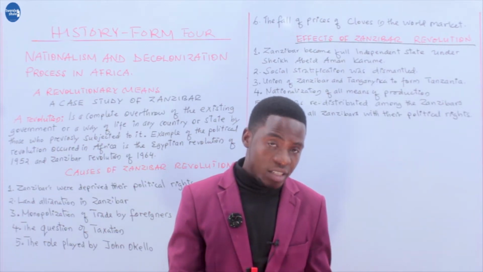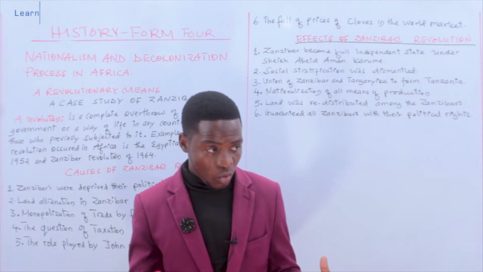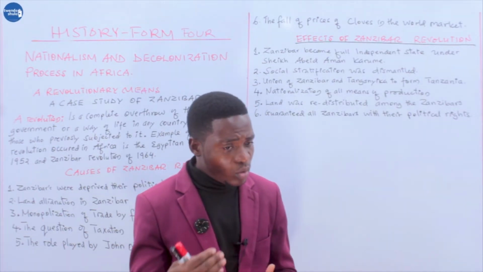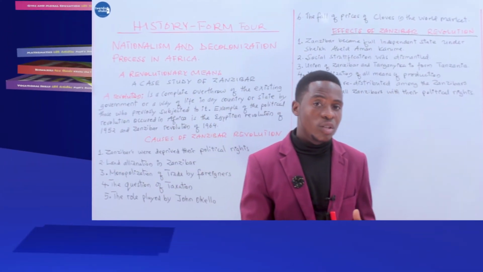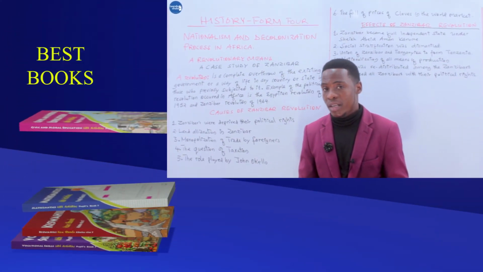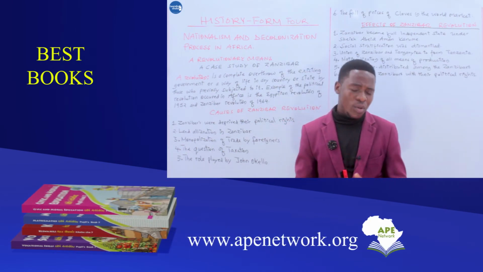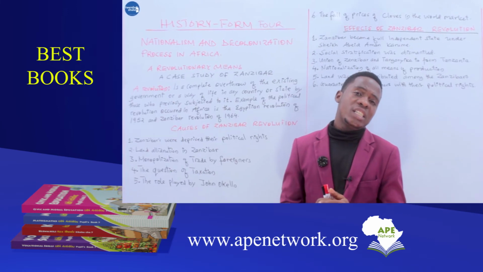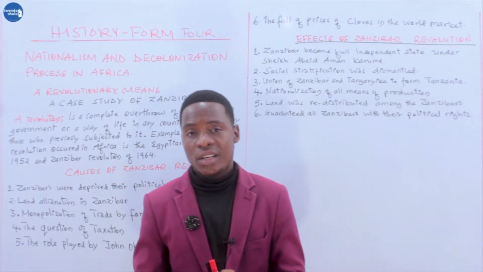Even the natives who were Zanzibari by origin were slaves to those Arabs. For too long, Zanzibar was under the domination of the Sultanate of Oman, and the people of Zanzibar were just slaves. This created hostility between these two peoples of different origin.